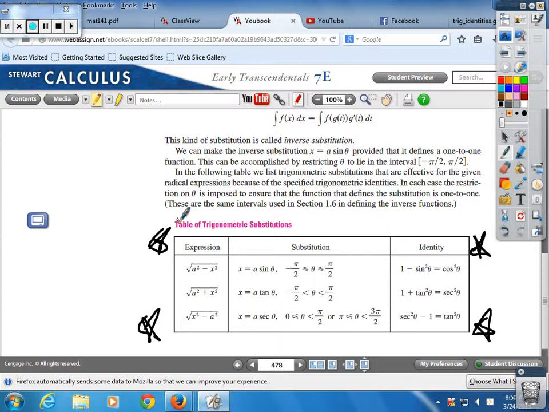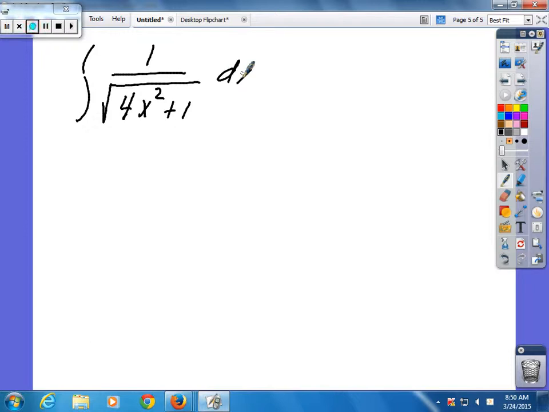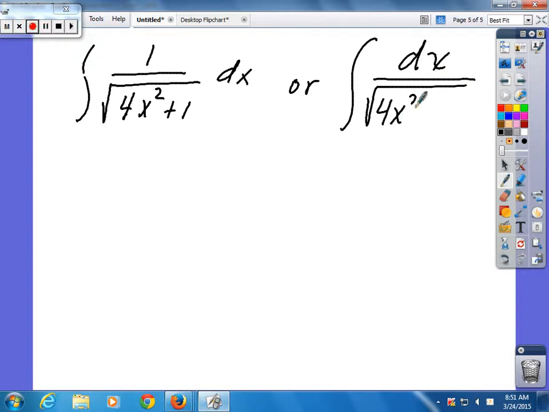And let's go with an example. Go with the antiderivative of 1 over the square root of 4x squared plus 1 dx, or the antiderivative of dx over the square root of 4x squared plus 1.